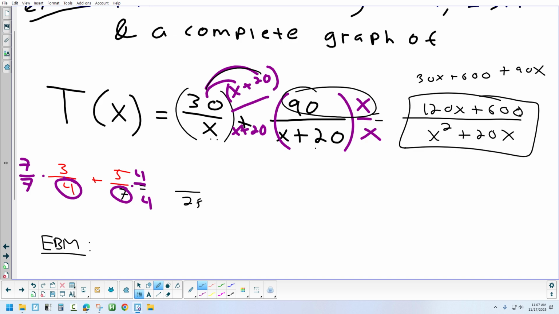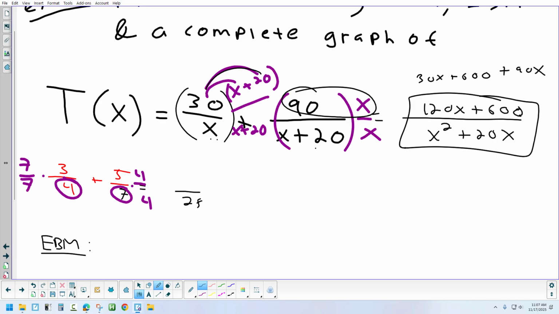The first two terms. In this case it will be, but in general you're looking for what? Because they might not always be in that order. Degree. Highest degree term in the top divided by highest degree term in the bottom. If it happens to be the first term, great. If not, then whatever term it happens to be.